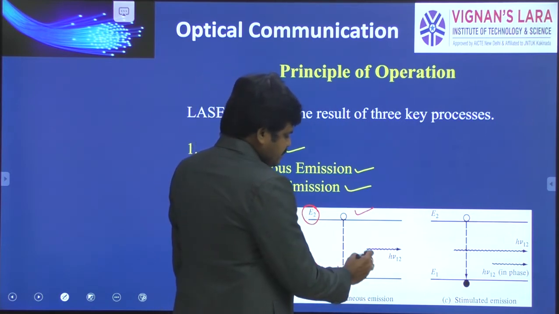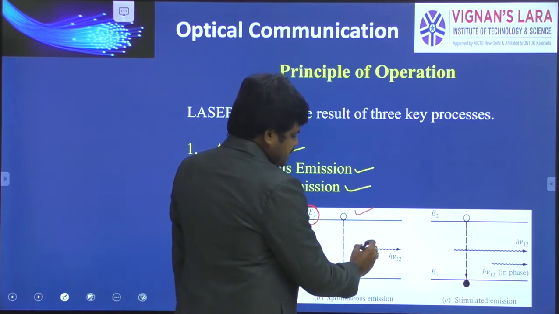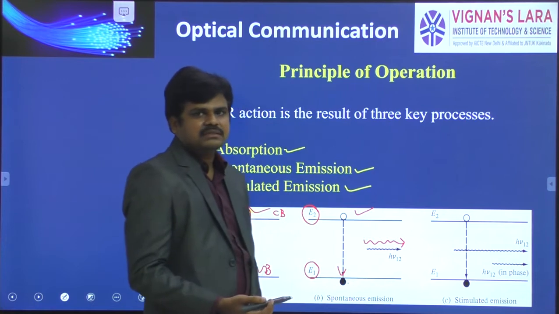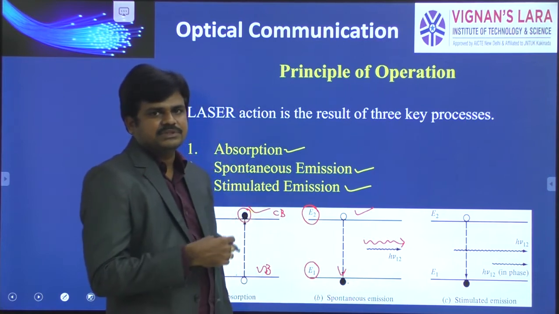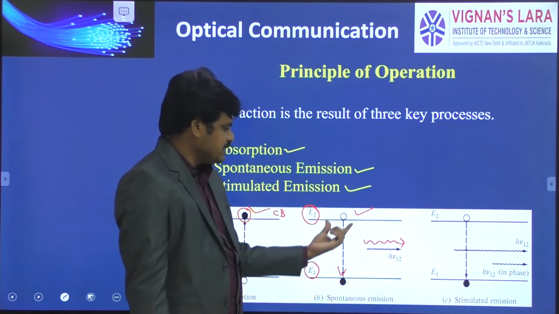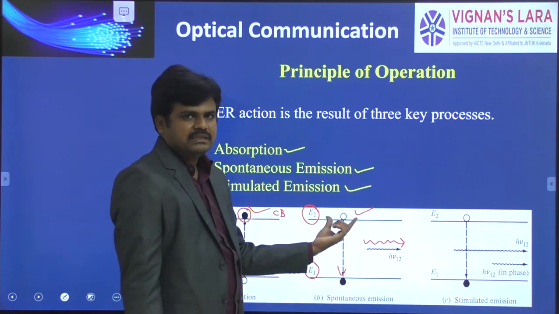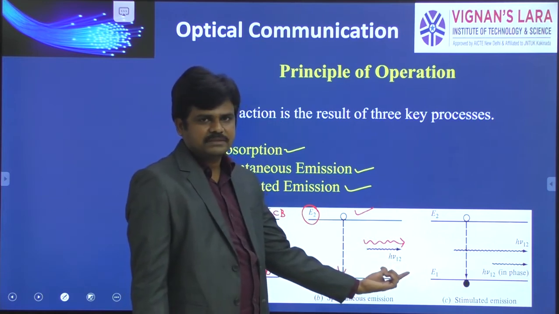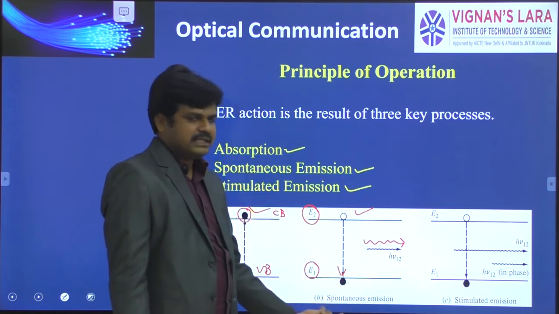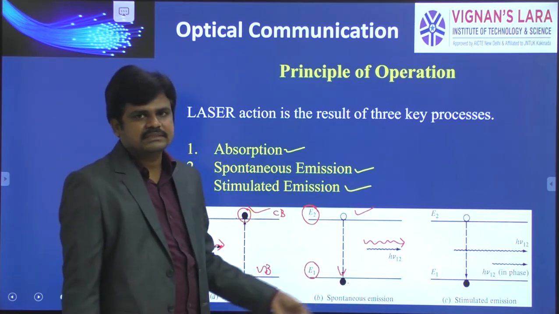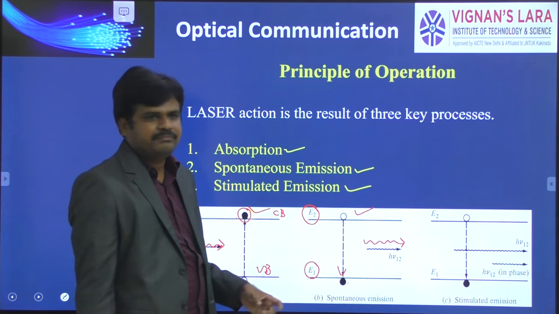It happens by releasing whatever energy it absorbed to go from energy state E1 to energy state E2. The same energy is released in the form of photons. This is called spontaneous emission. This also we discussed in the beginning of the unit.